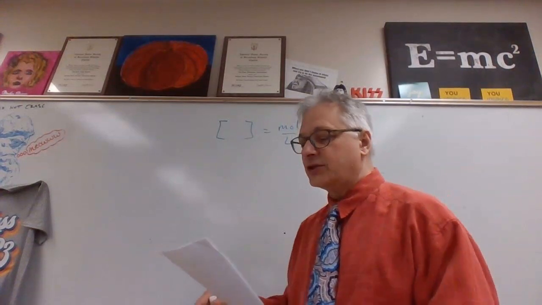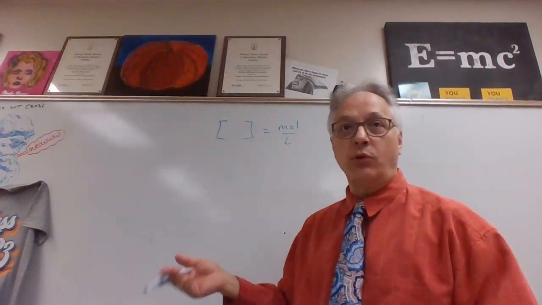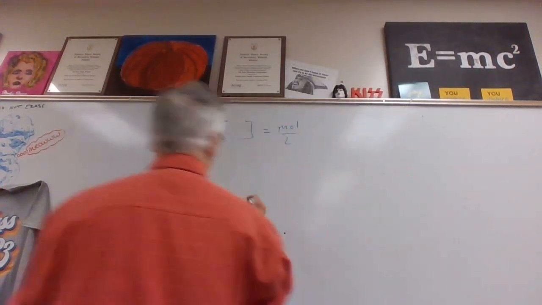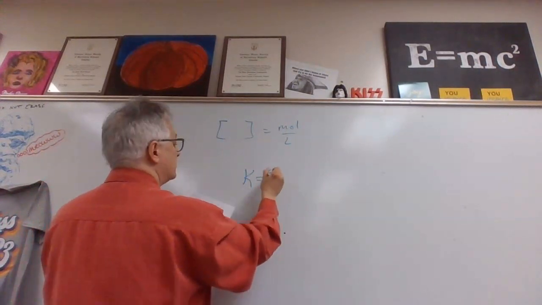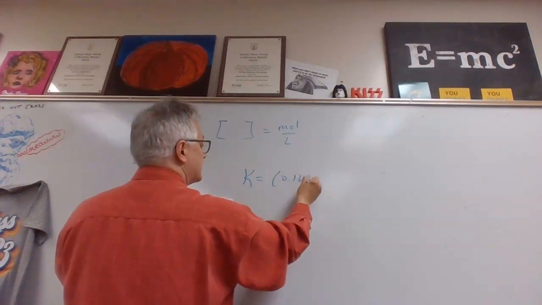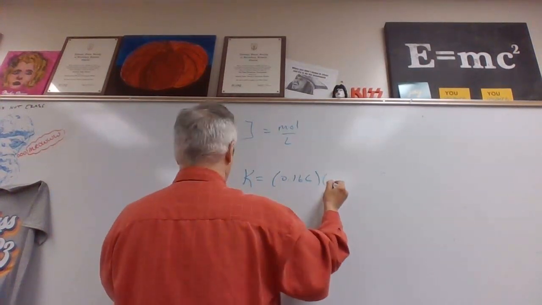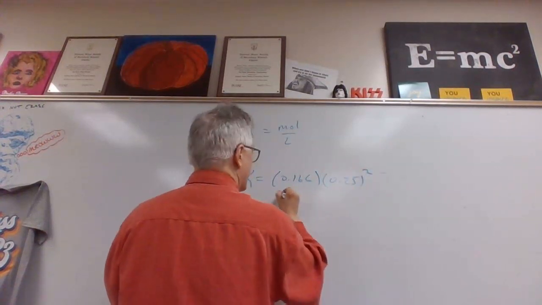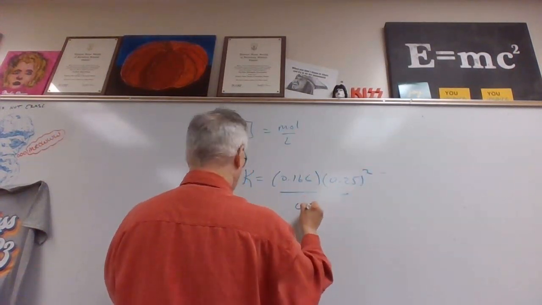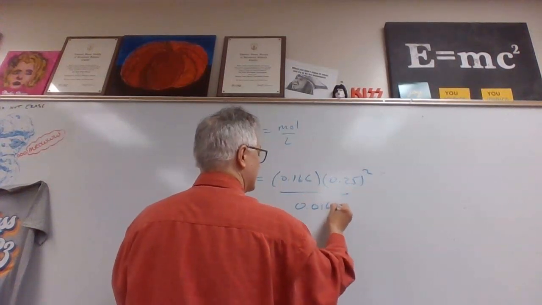So when you solve for the concentrations, I'm just dividing moles by 3. My equilibrium constant for this reaction, K, is going to be equal to 0.166 times 0.25 squared divided by 0.0166.